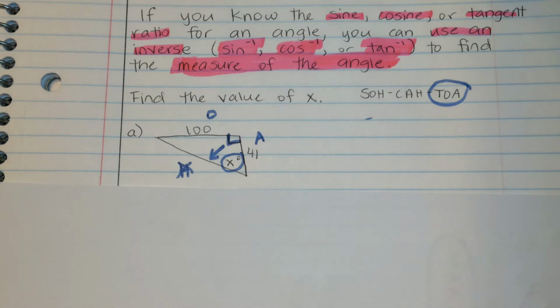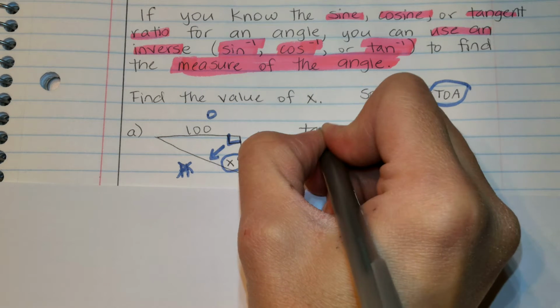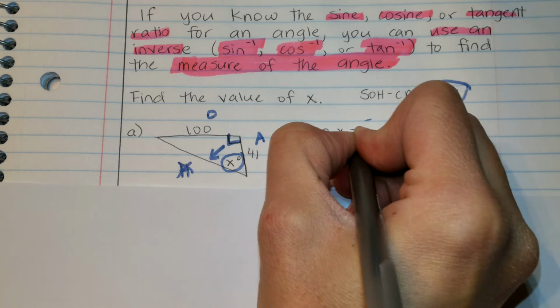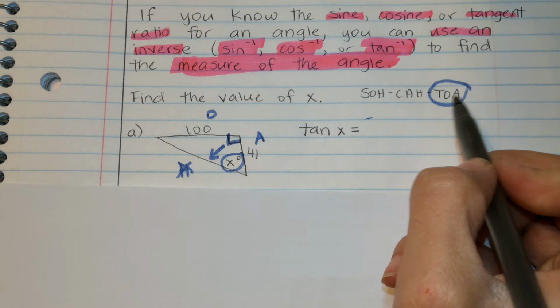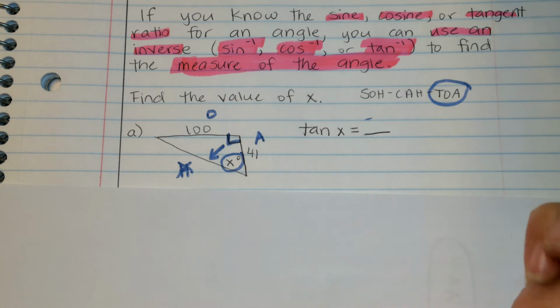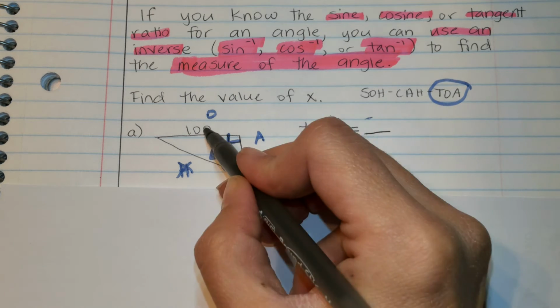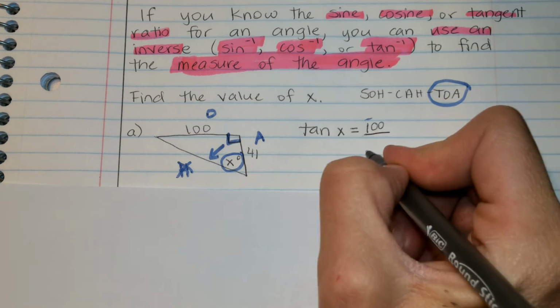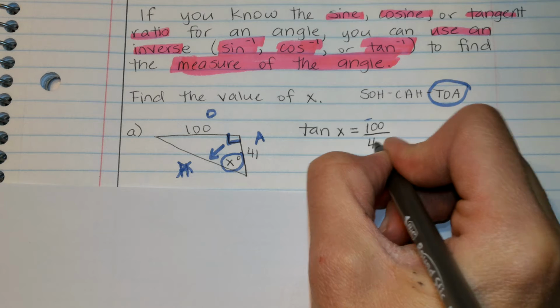It would be tangent for this one. So then I'm going to write tan x equals, it's going to be O over A, opposite over adjacent. So this is very similar right now to what we've done already. This isn't different yet. So O over A, O is 100, A is 41.